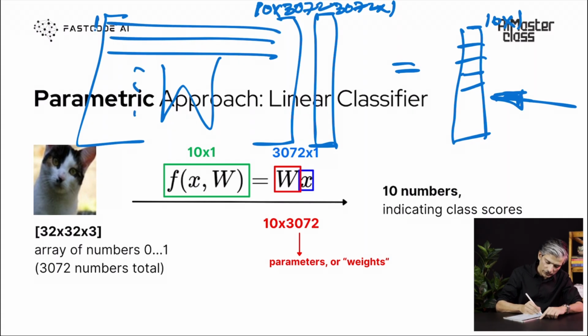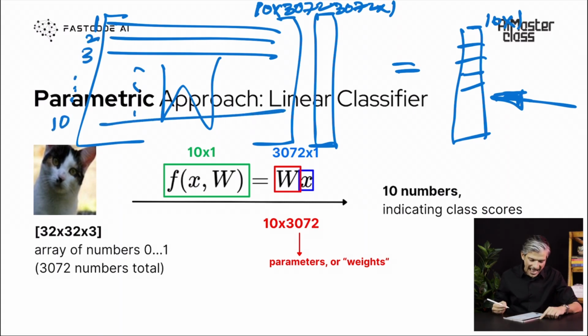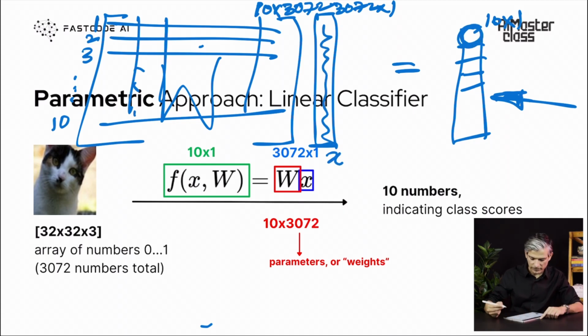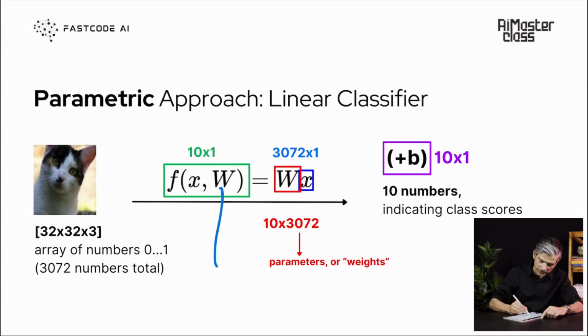So 1, 2, 3 all the way to 10. And it has all these different columns, right? It has 3072 columns, because each row then does a dot product with our image X and gives us the first value here. We will look a little bit deeper into that, but essentially what I want you to remember are the dimensions.